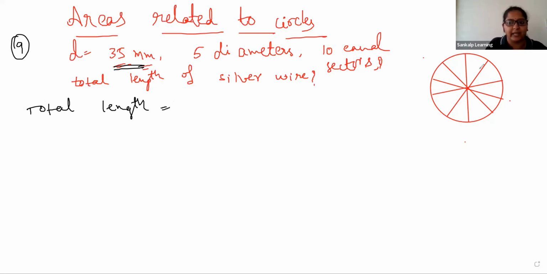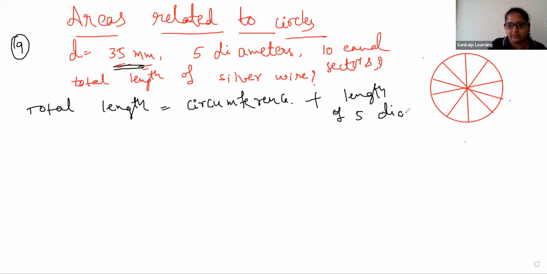Wire is used for these diameters, silver wire, and also for the circumference of the circle. So we have to find out the total length. So total length is equal to circumference of the circle plus length of the 5 diameters. Length of 5 diameters, for that wire is needed.